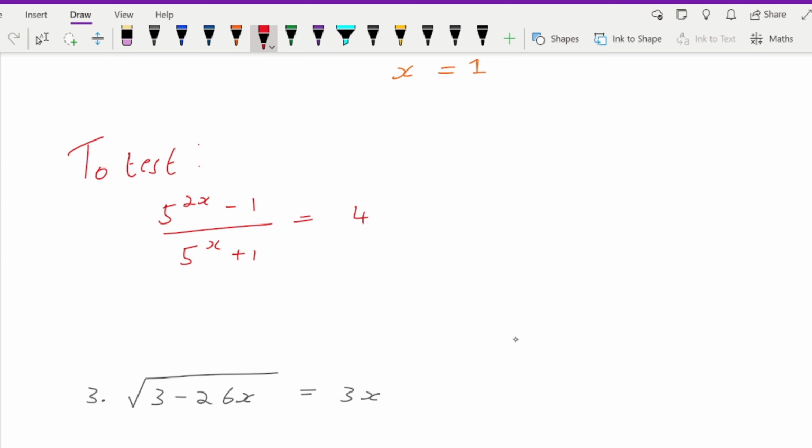To test this, the left hand side must be equal to the right hand side.